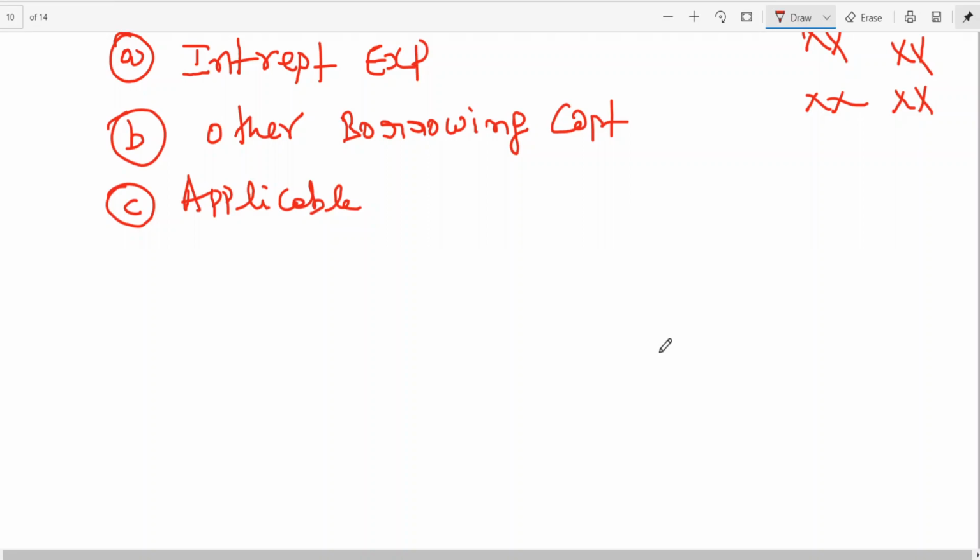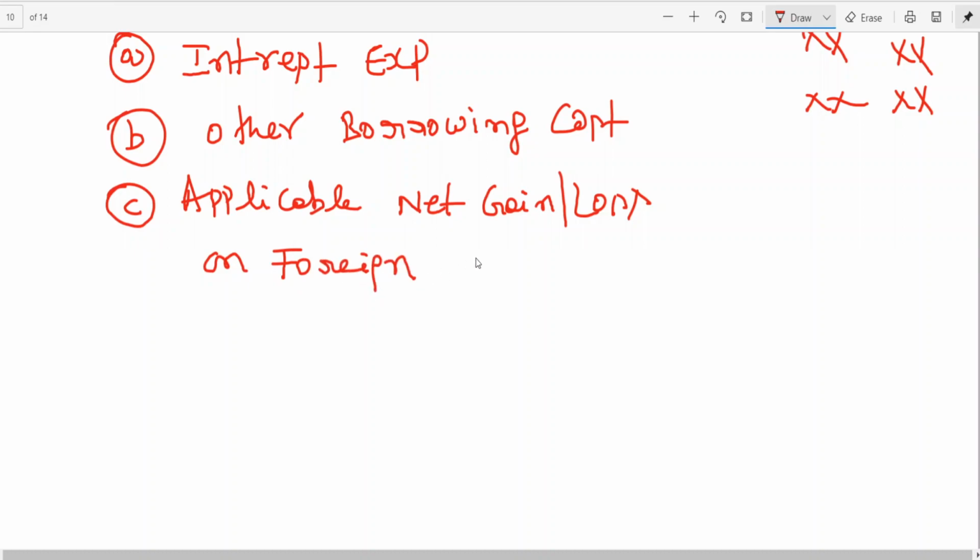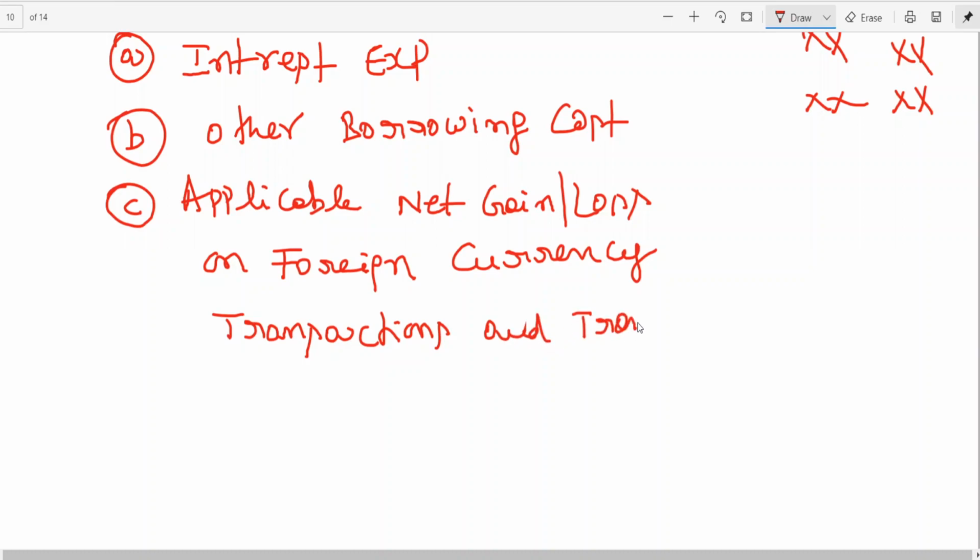You may get a loss that comes under finance cost, not the same thing. Applicable net gain or loss on foreign currency transactions and translation. Is this clear?